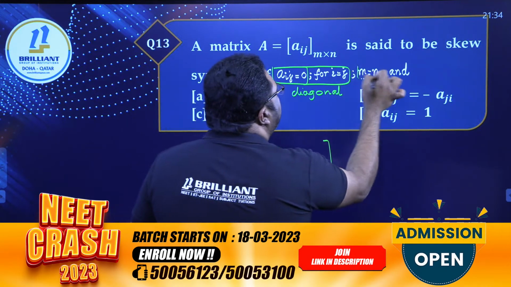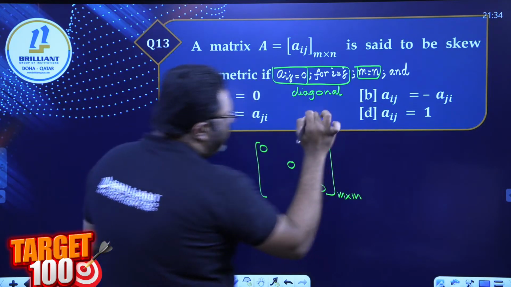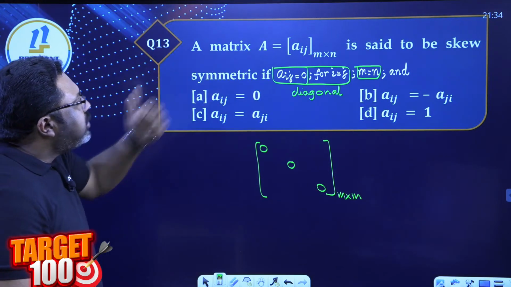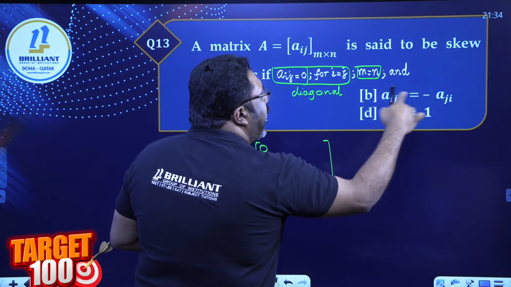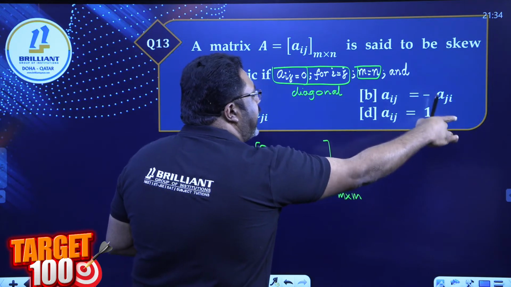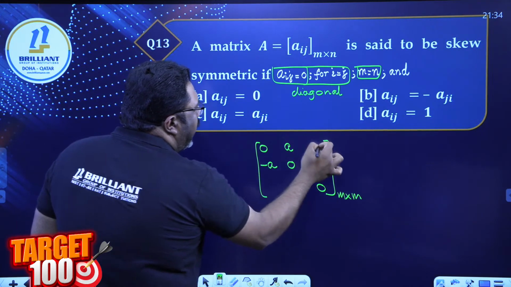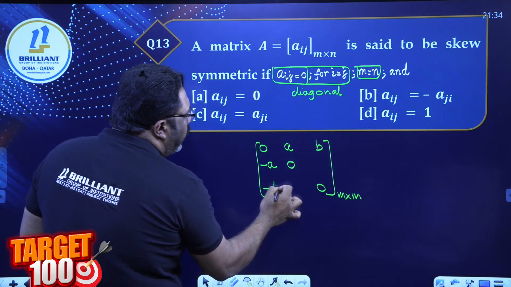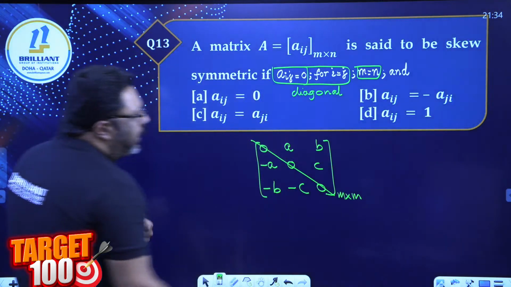And M equal to N makes sure that it is a square matrix. Then if it has to be skew-symmetric, for I not equal to j, Aij should be equal to minus Aji. The opposite sign should come in the lower triangle.